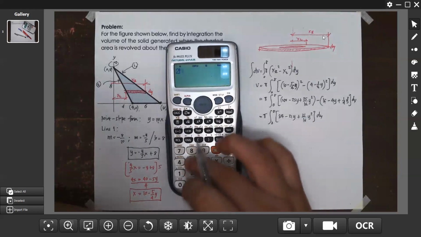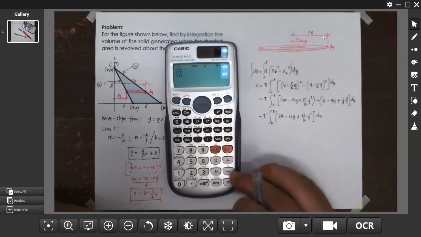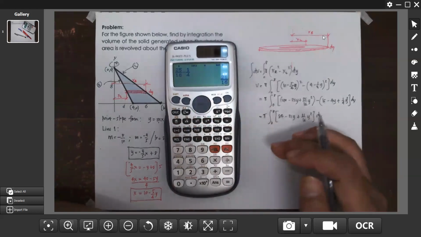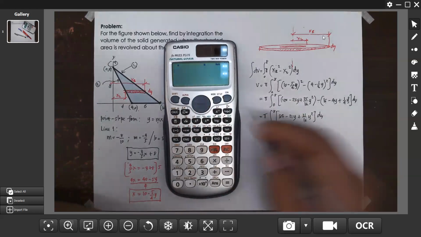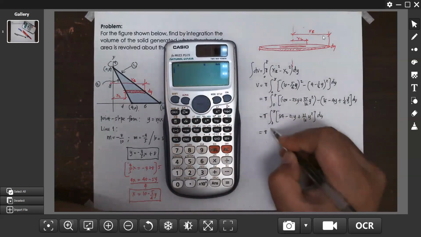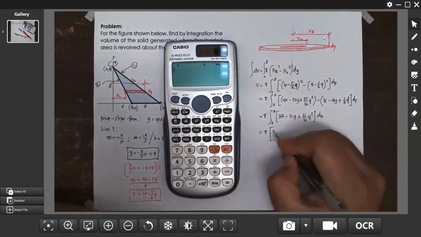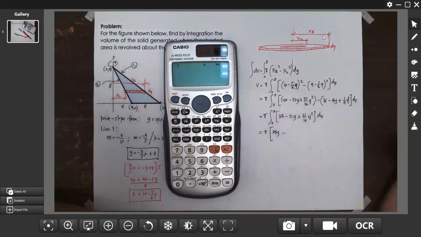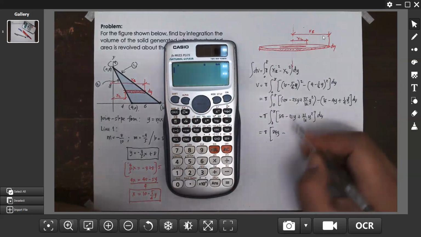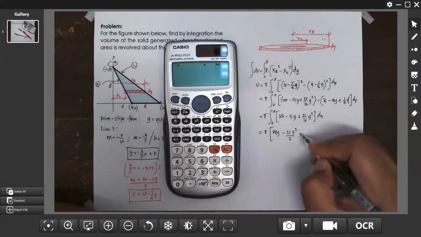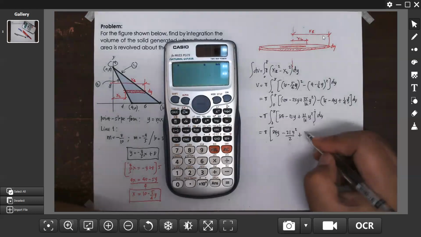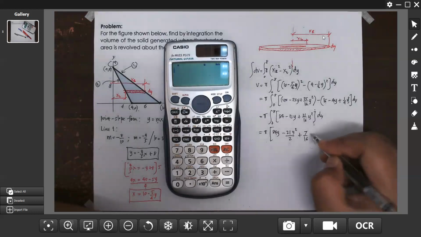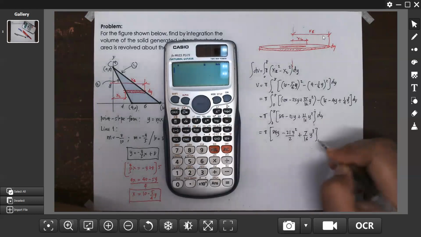Check, okay? 25 over 16 minus 1/4 is 21 over 16. So we can now integrate: 84y minus 21 y squared over 2 plus y cubed over 3. The 3 will be cancelled. What remains is 7 over 16 y cubed, from 0 to 8.